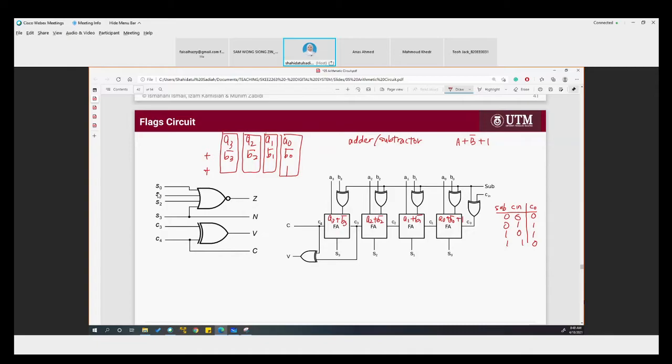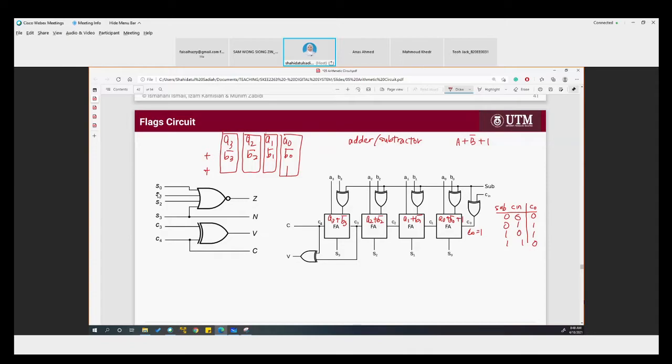And here we use C0 as the third input, which is C0 must be 1. C0 must be 1 to perform the subtraction, because the third input of the full adder here must be 1, right?